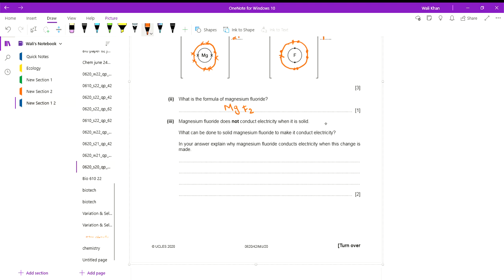Magnesium fluoride does not conduct electricity when it is solid. What can be done to solid magnesium fluoride to make it conduct electricity? In your answer, explain why magnesium fluoride conducts electricity when this change is made.